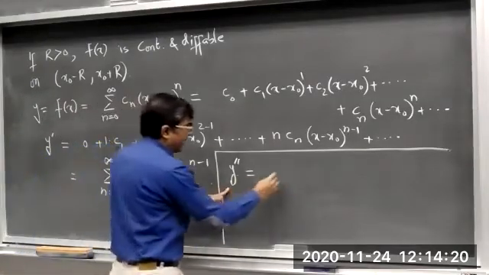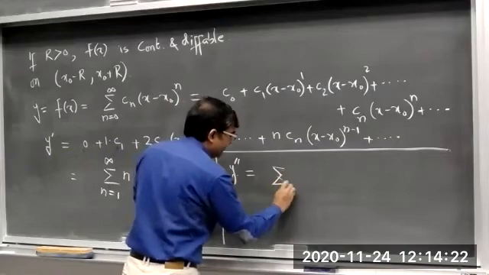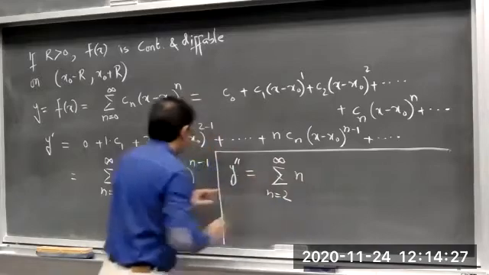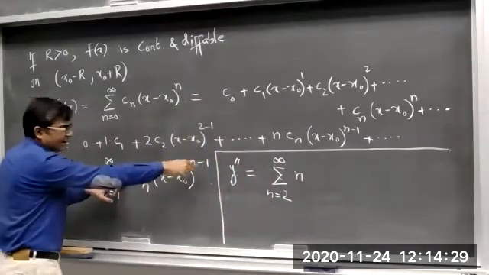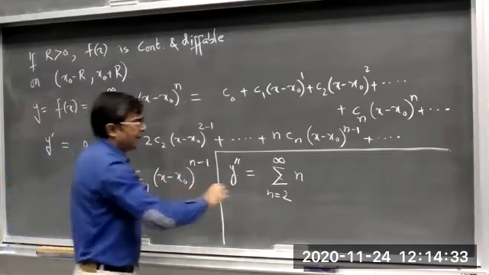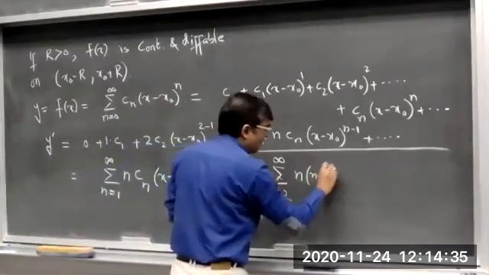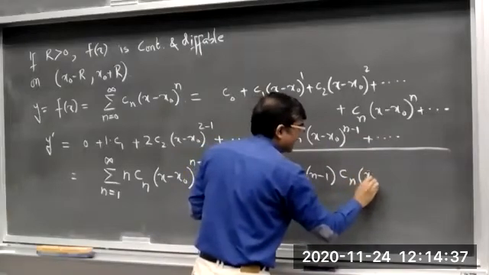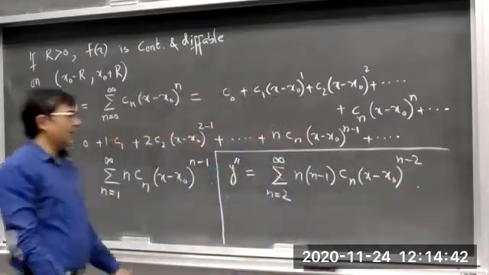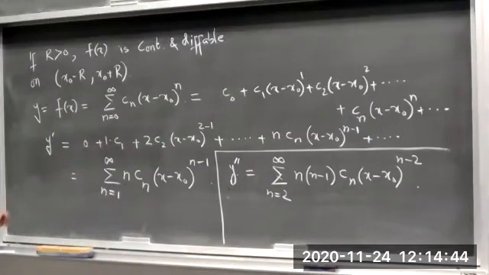So y double dash will be summation n from 2 to infinity. Again, this n minus 1 will come down here and we'll have n minus 2 here. So n into n minus 1, c_n (x minus x naught) raised to power n minus 2. So this is the second derivative, and so on.